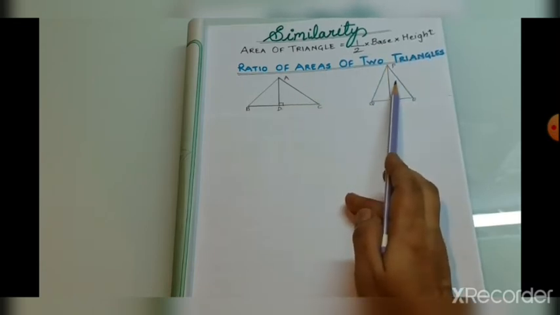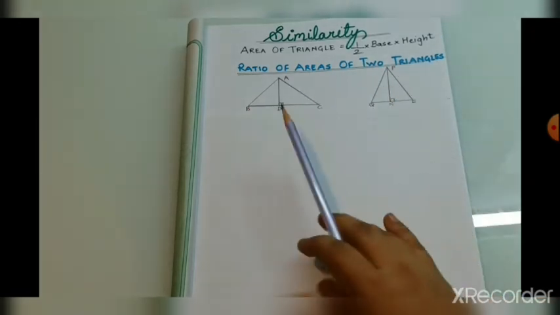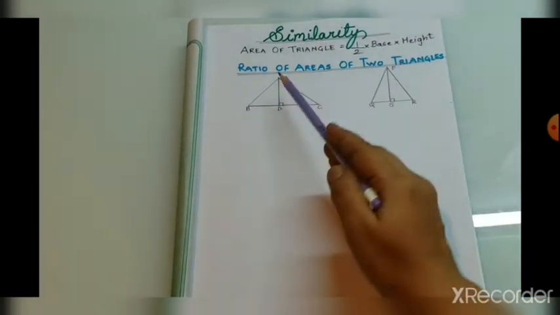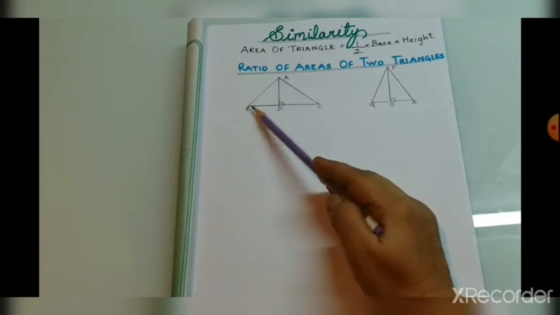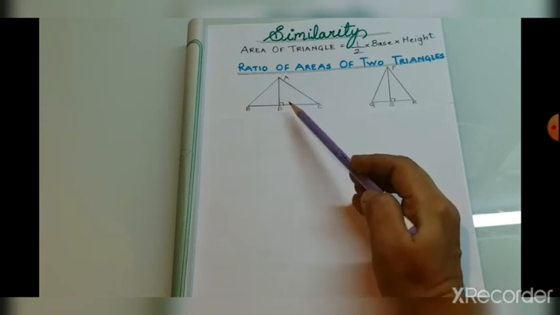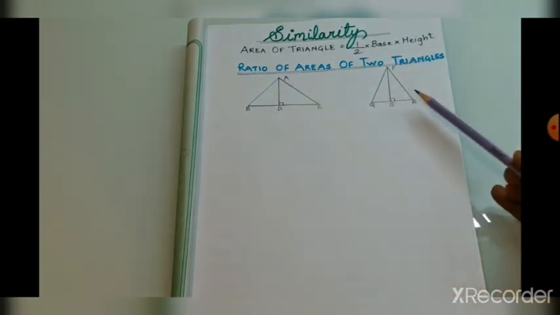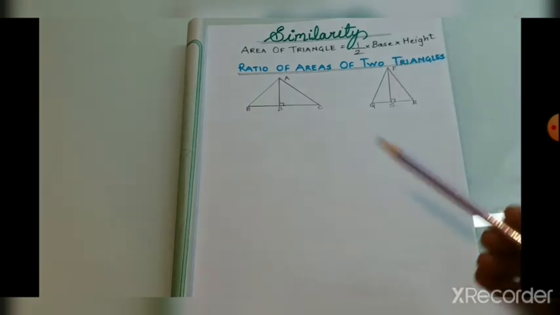Here are two triangles, triangle ABC and triangle PQR. When we want to find the area of triangle ABC, BC is the base and AD is the height. In triangle PQR, QR is the base and PS is the height.